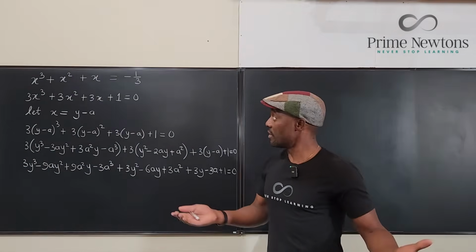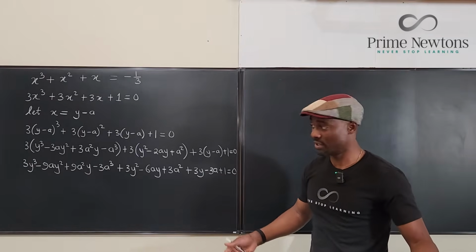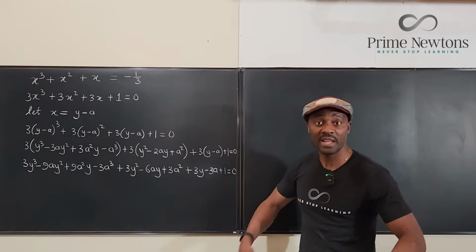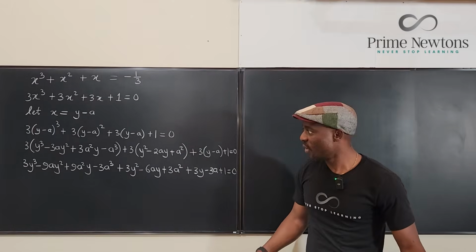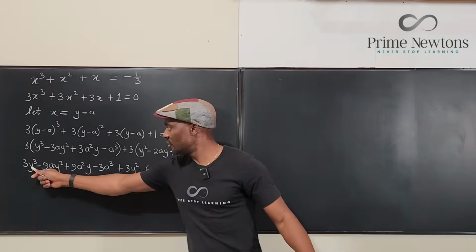So there are 4 terms in the original one. You're going to have the same thing. You're going to have 4 terms. One is going to be y cubed, one is going to be y squared, the other is going to be y, and there's going to be a constant term. So let's put everything together that contains y cubed. Well, it's just this guy.